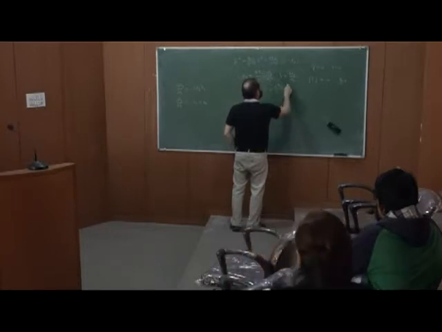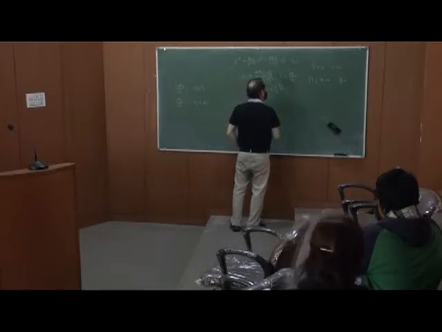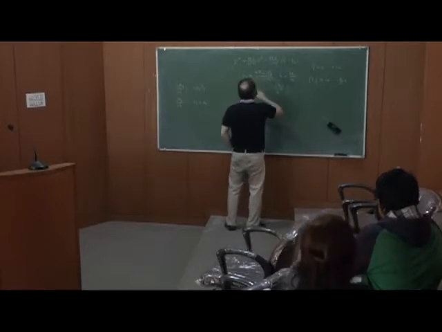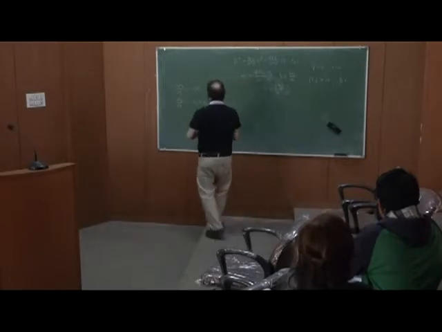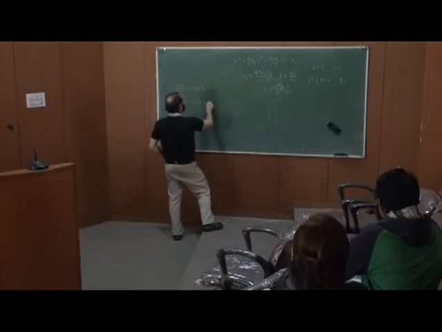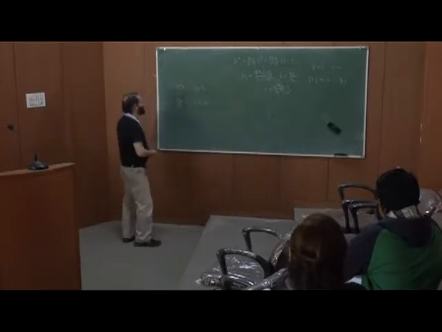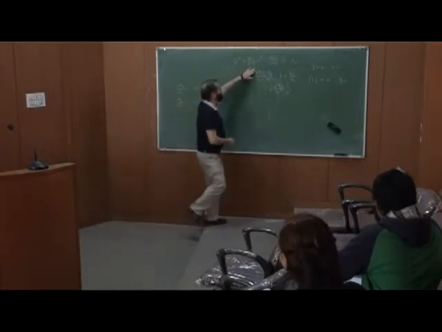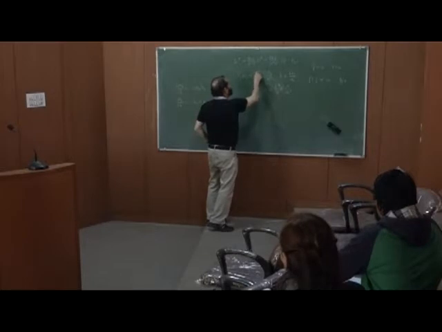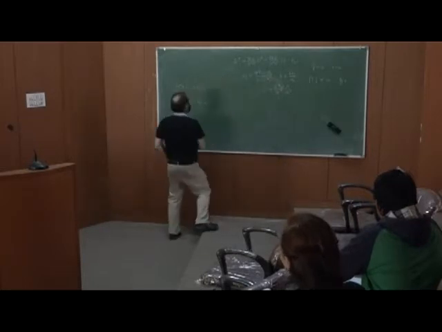Or let's keep it, it doesn't matter. So here it's mu plus lambda. Although there are good reasons to keep the 4. Let me keep the 4. This is lambda.